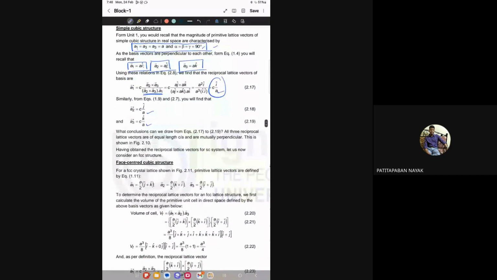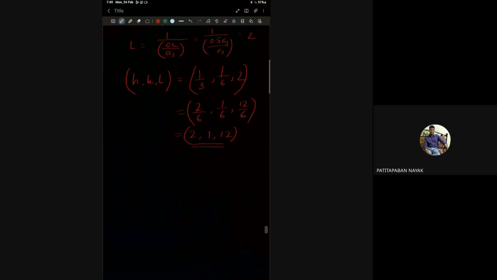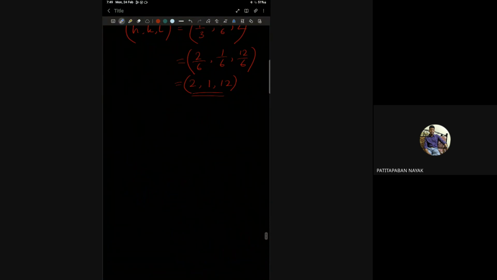Similarly, if you have face-centered cubic, we can work it out. Let's say we have face-centered cubic.